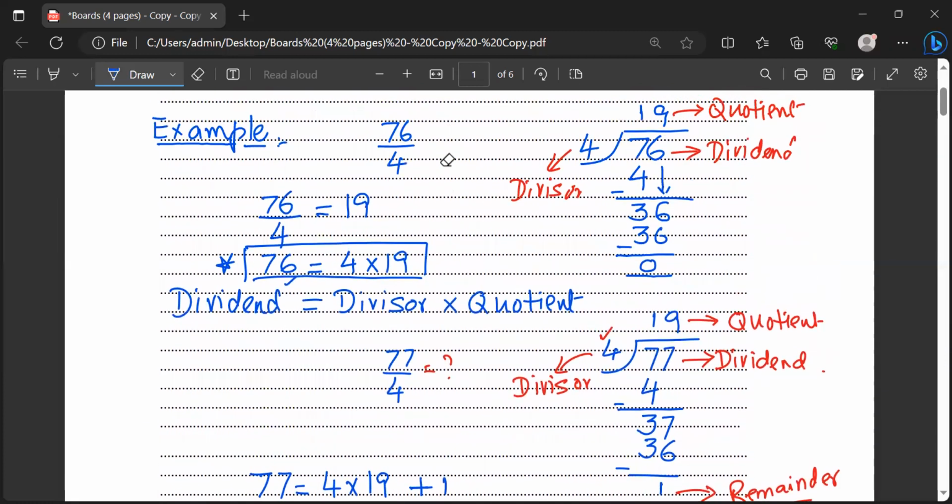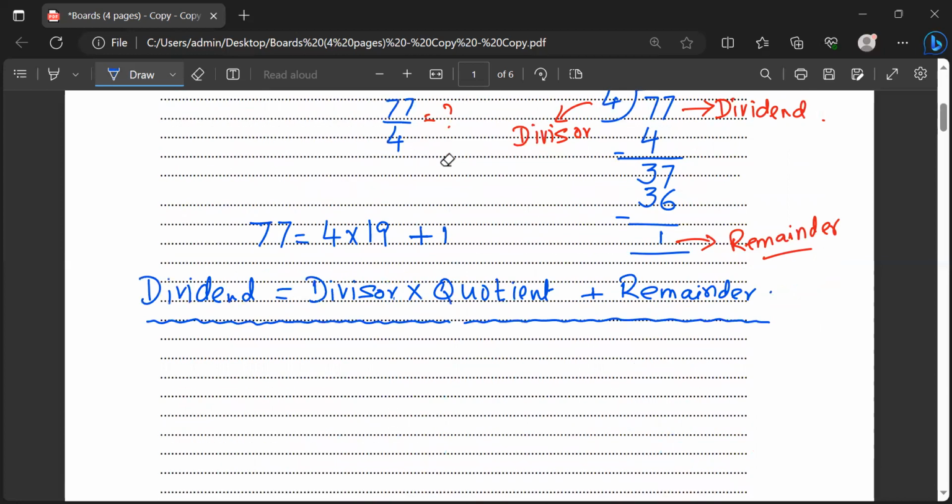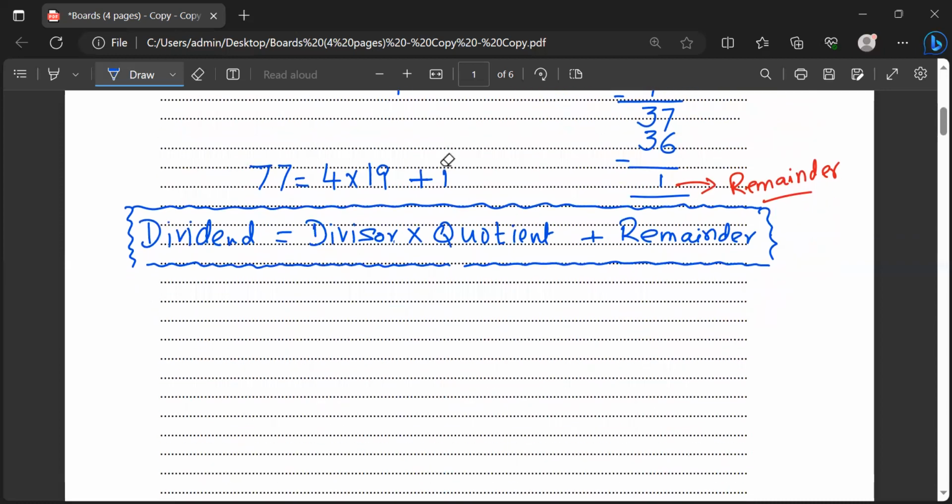Now the next is, from this formula you can find another result which you can use in numbers or in algebra. If we divide both sides by, say, divisor.